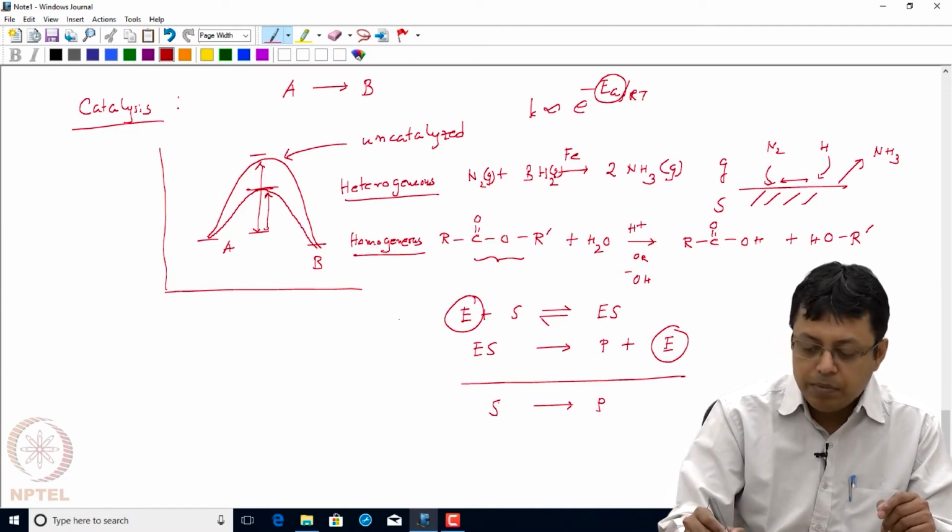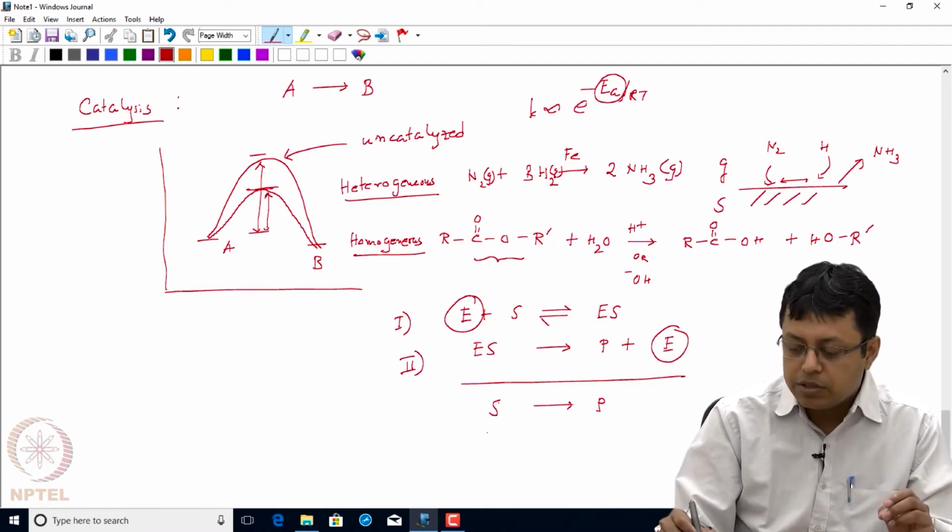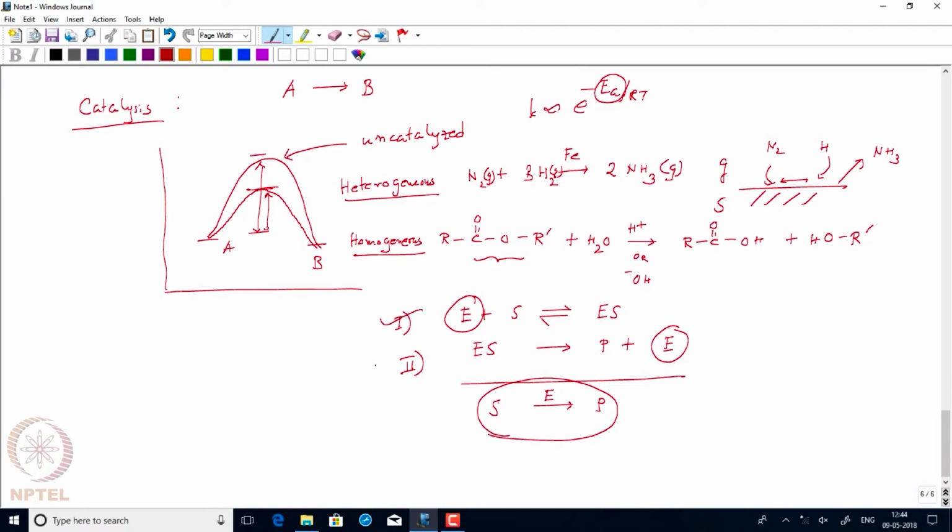Now as you see, if you follow carefully, the entire reaction, substrate going to product catalyzed by enzyme, uses two steps which we just discussed. In the first step, the enzyme binds with the substrate to give you the enzyme substrate complex, and in the second step the enzyme substrate complex gives you the product.